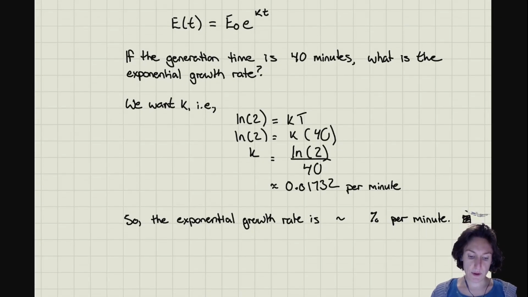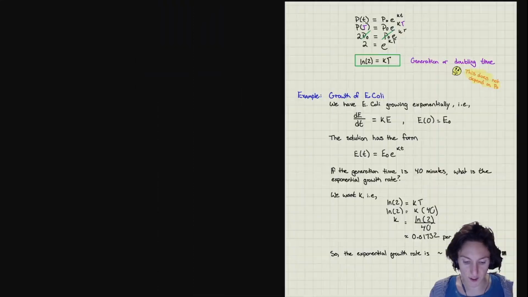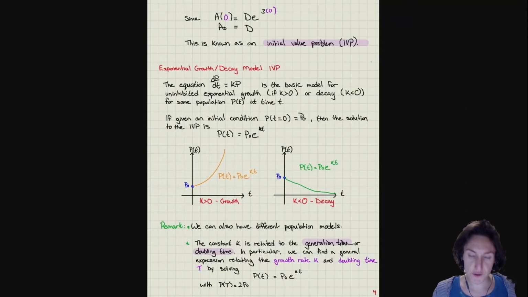Remember that typically we talk about growth rate as a percentage. So if we multiply this by 100, we get that the exponential growth rate is approximately 1.7% per minute. Okay? So hopefully that's a good little introduction to differential equations for you, and we'll talk more next time. Thank you.